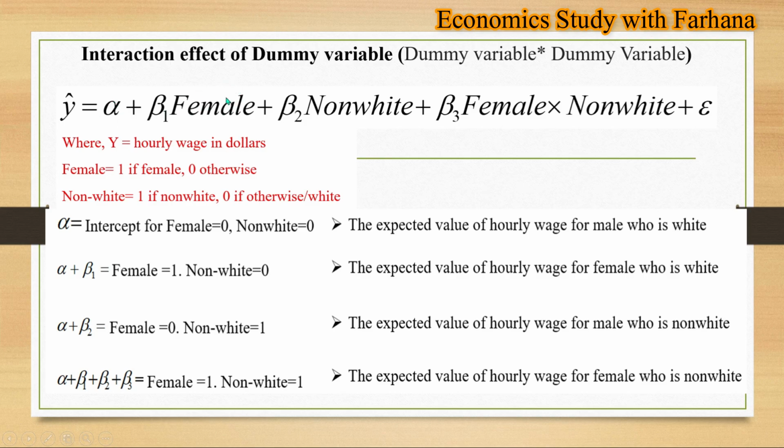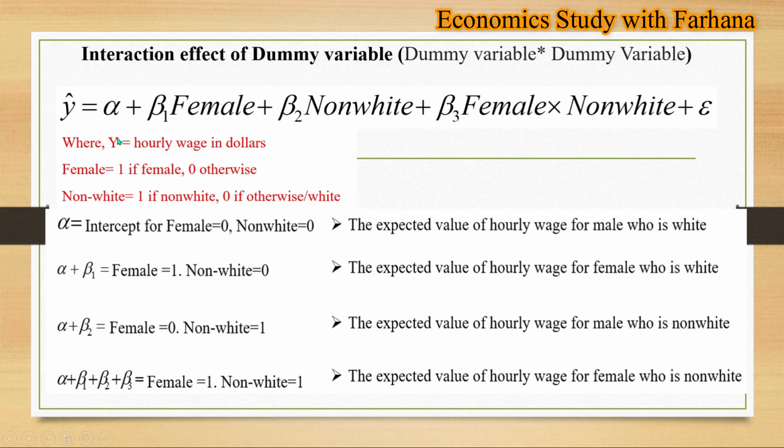Then as the female variable is 0, that term will be 0. Then when non-white equals 0, beta 2 into 0 equals 0.